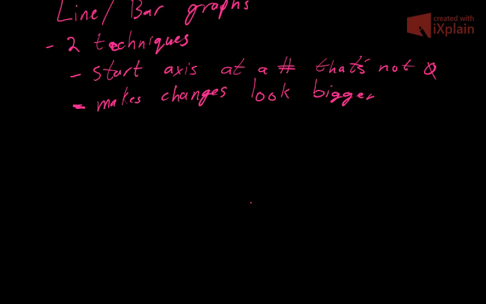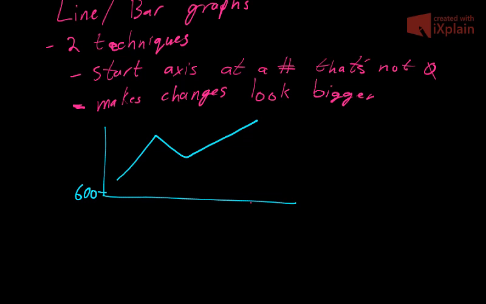Because if I have a graph that's got huge changes here, but then I see that this goes from like 600 to 650, in reality, that wouldn't be too big of a change, because we're already at 600, so going up to 650 isn't that big a deal, but it makes it look big.